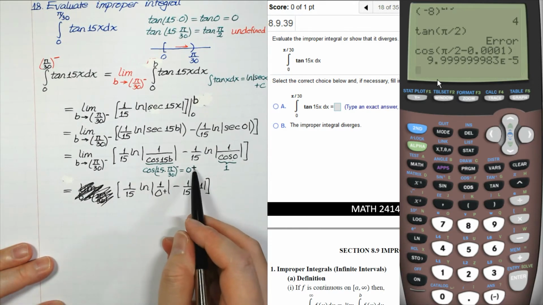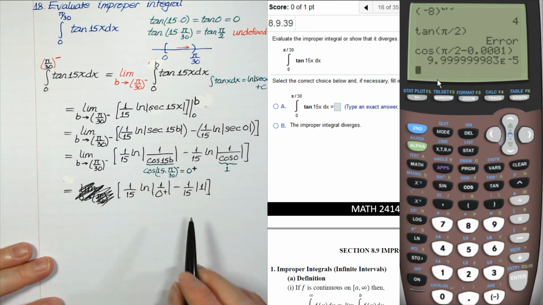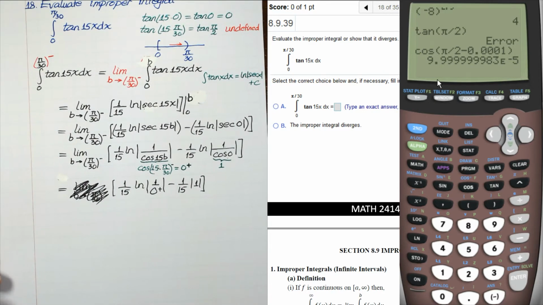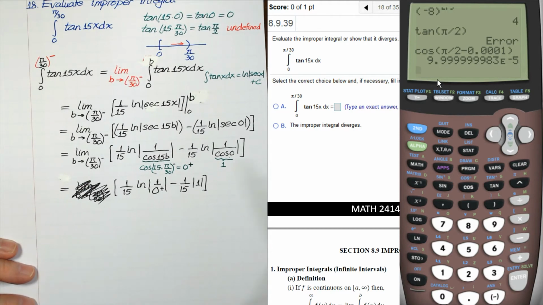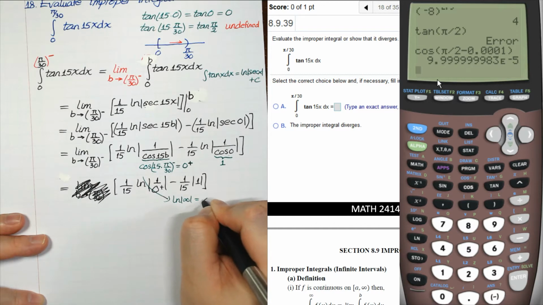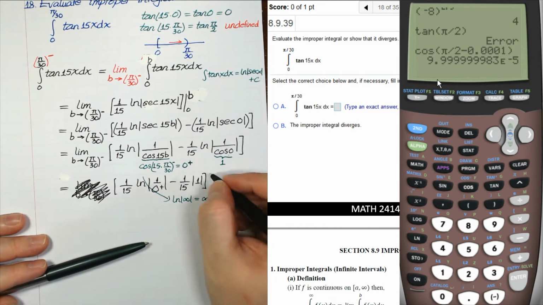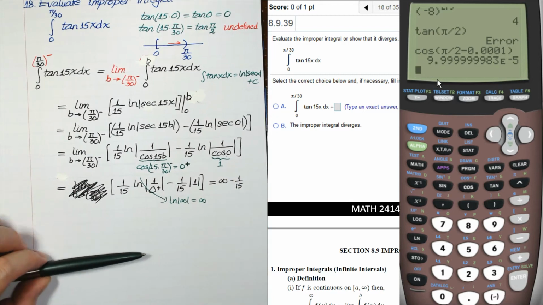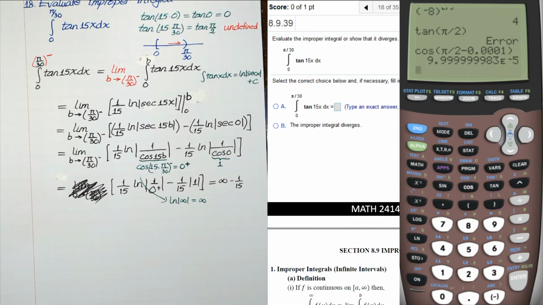We already calculate this. 1 over 0 is going to be infinity. Ln of infinity is infinity. And in this case, we just have infinity minus 1 over 15. And after all of that, this is still divergent. Right.